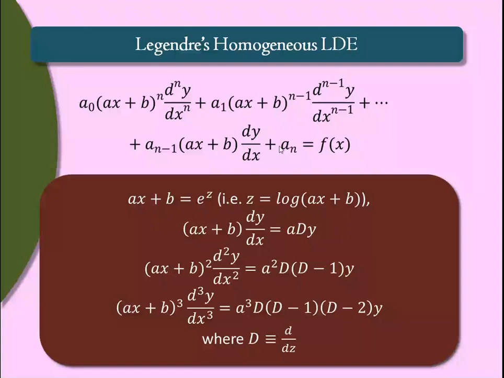Then the next term, (ax+b)^2 d^2y/dx^2, becomes a^2 D(D-1)y.